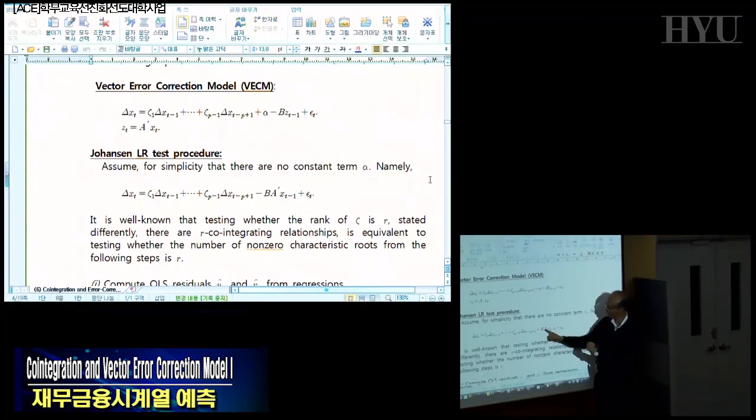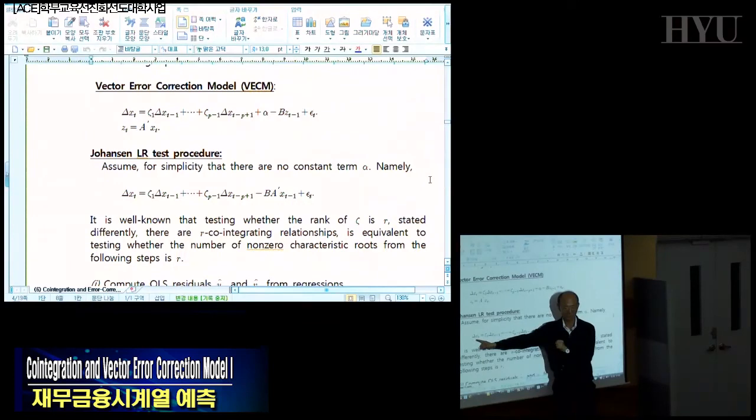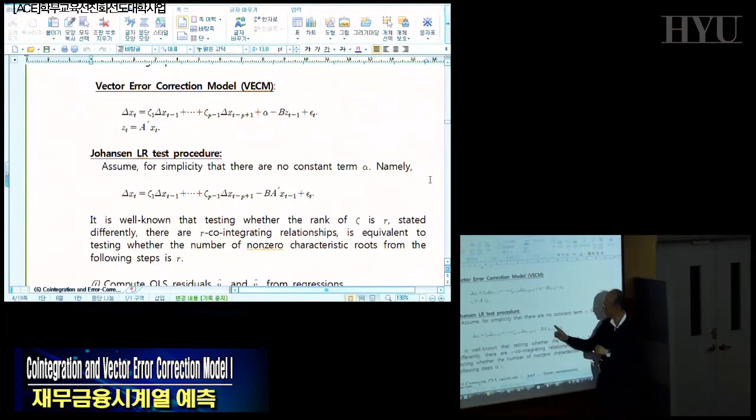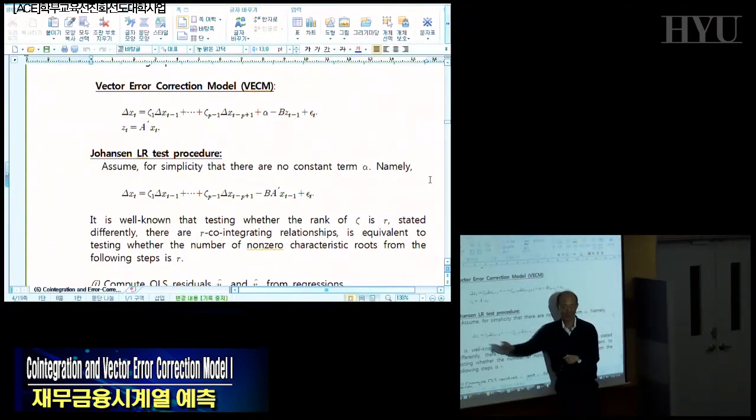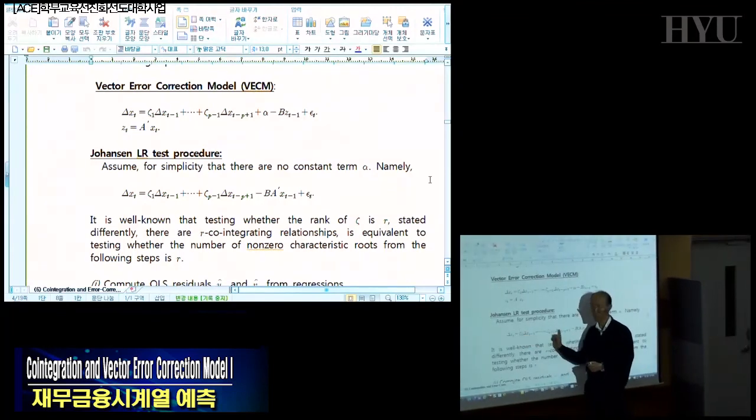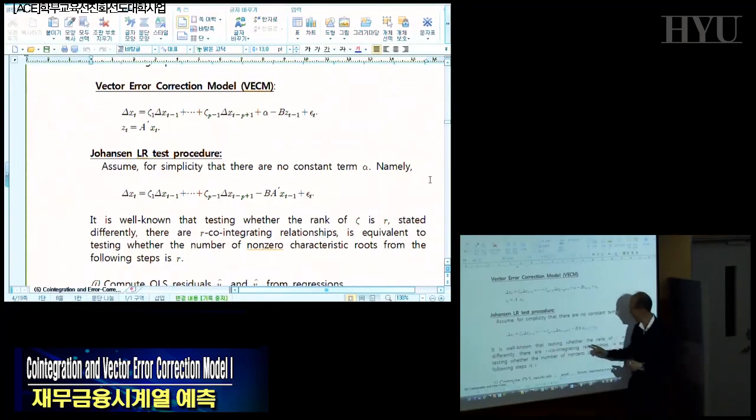Then multiplied by this coefficient, that will change this one. So the equilibrium error is corrected next period by changing this one. So why does X change over time? Because of short-run dynamics and the feature here that tries to correct the equilibrium error. So that's the basic structure of the vector error correction model.